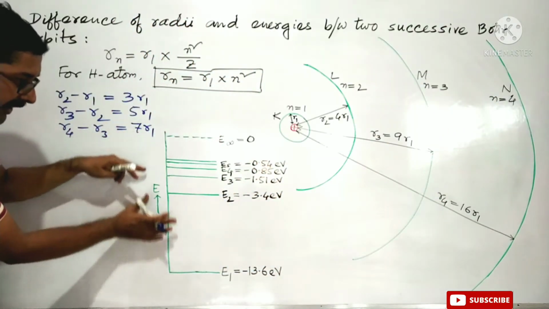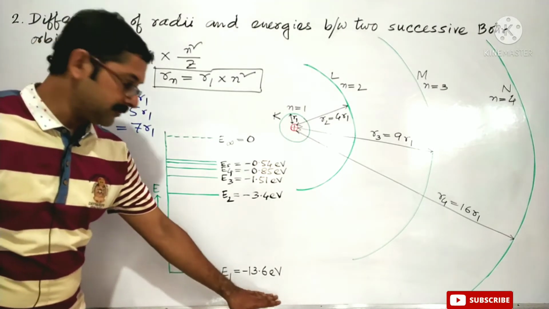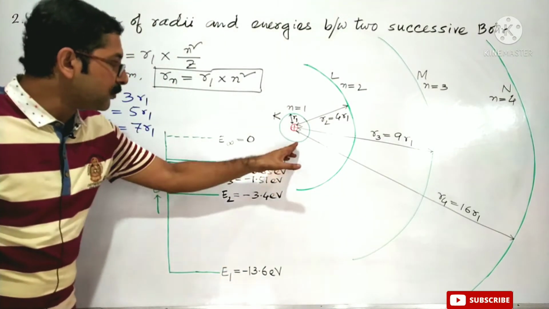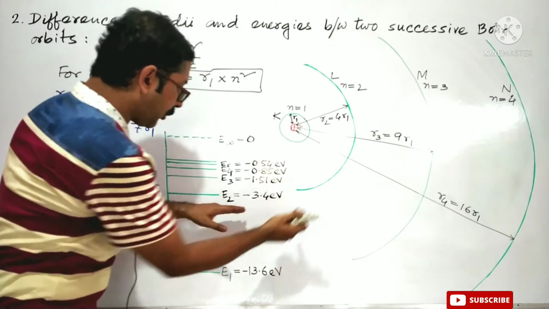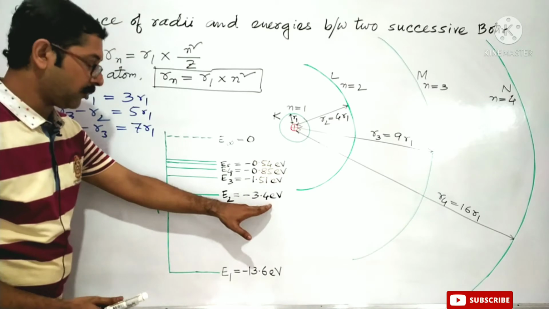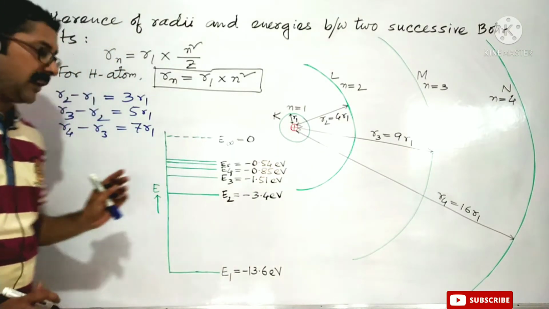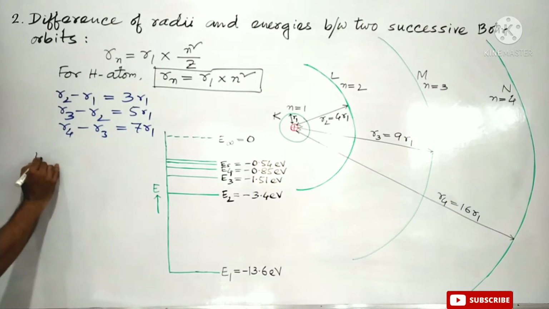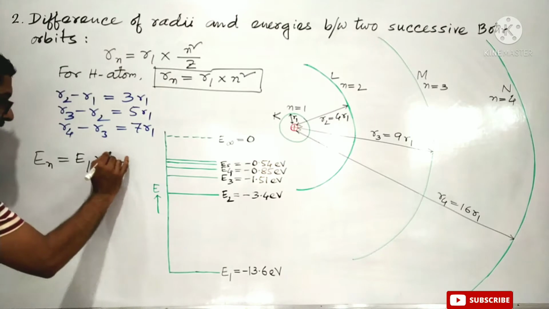If we consider the energies of the orbits, look at what we have found. The energy of the first orbit is minus 13.6 electron volt, and the energy of the second orbit is minus 3.4 electron volt. We have come to this conclusion from our general expression of energy, En equal to E1 into Z square by n square.